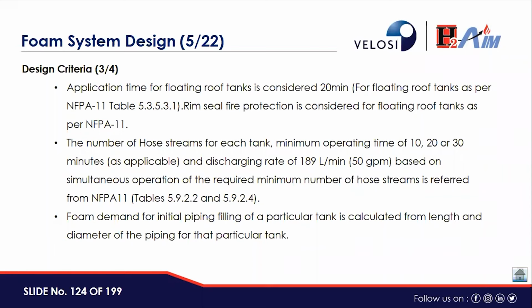And the number of hose streams for each tank, minimum operating time of 10, 20 or 30 minutes and discharge rate of 189 liter per minute based on the simultaneous operation of the required minimum number of hose streams, is referred from NFPA 11. Foam demand for initial piping filling of the particular tank is calculated from length and diameter of the piping for that particular tank.